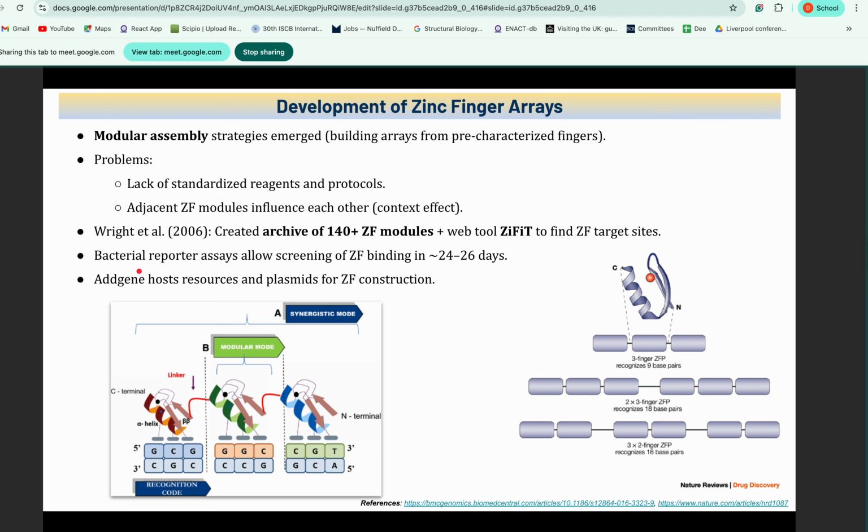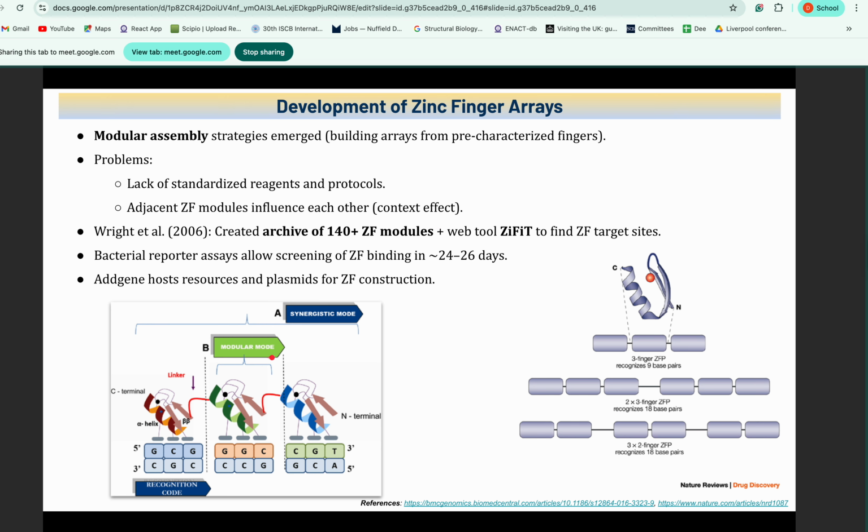So this is another server which shows you different resources and plasmids where we can construct the zinc finger, because if we construct them in plasmids, we can check whether these zinc fingers are working precisely or not, because we have seen that they have context effect. They can influence the binding of other, meaning joined, zinc fingers. So all these things can be studied with the help of plasmids.